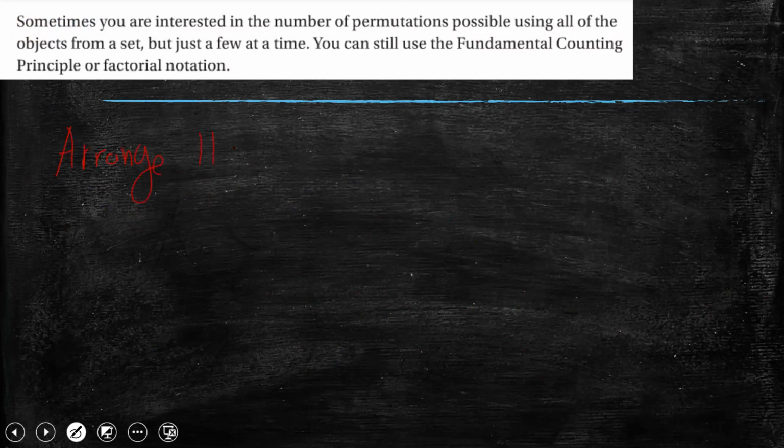If you want to arrange the whole 12 folders, you will use the factorial. You will say it's 12 factorial.